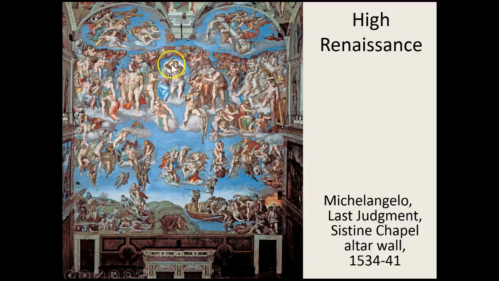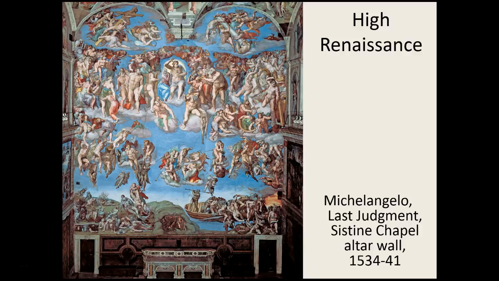So this is the figure of Christ, and then here are various saints and other religious figures, including St. Catherine of Alexandria, Peter, Lawrence, Bartholomew, Paul, Sebastian, John the Baptist, and others.